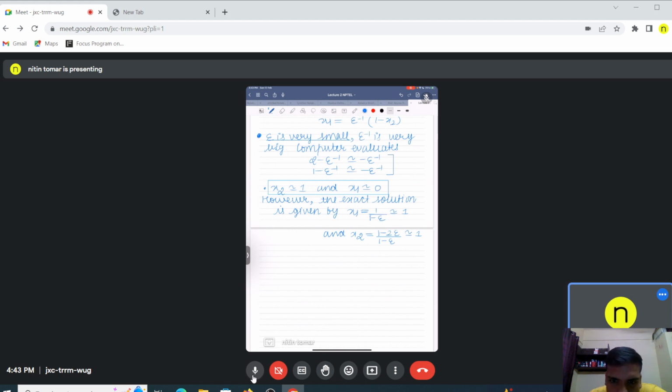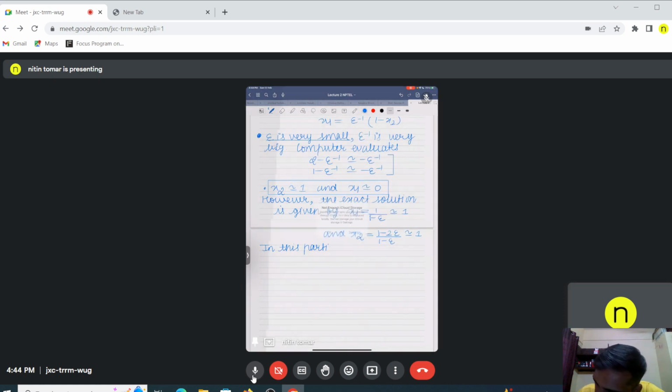So x1 will be approximately 1, and with the same logic x2 will be 1, correct? So using the same approximation technique, we get the wrong solution. In this particular example, the naive Gaussian method fails.